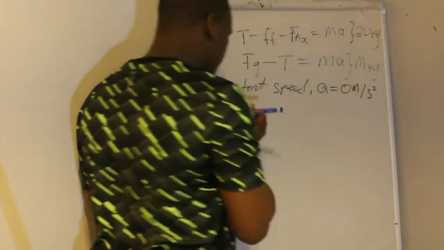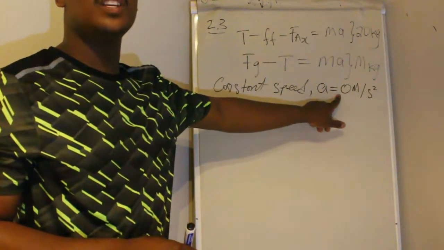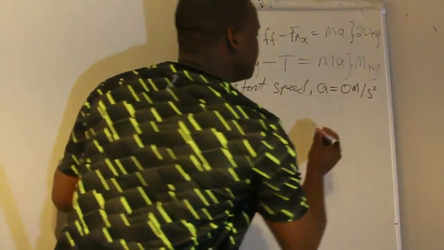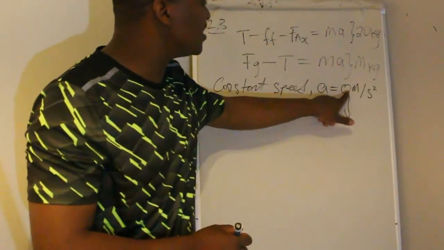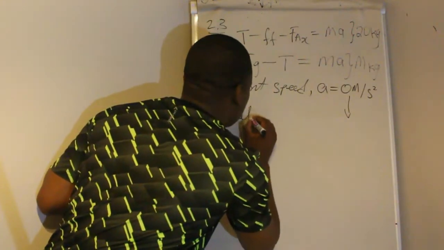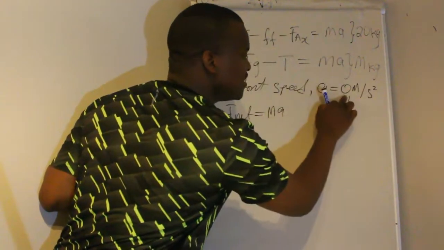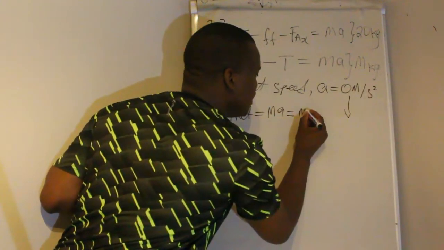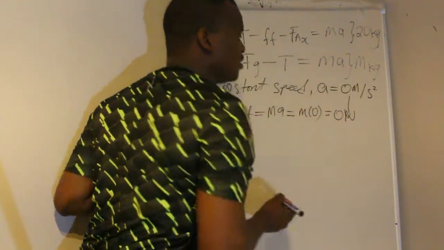That's what this means. So if you're told that it's moving at a constant speed, know that the acceleration is 0 meters per second squared. And if the acceleration is 0, you know that F net is equal to MA, but your A is 0, which means your F net is equal to M times 0, which means your F net is equal to 0 newtons.